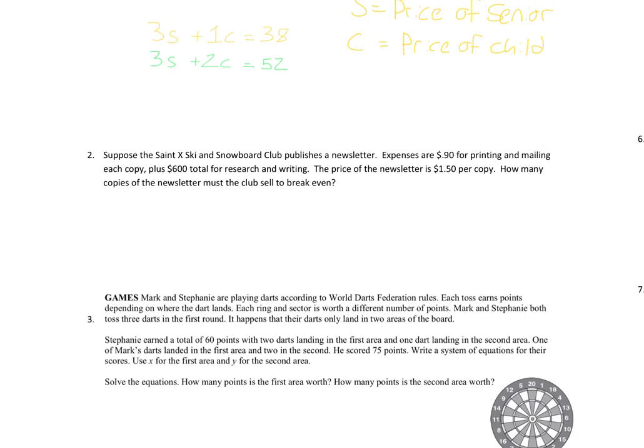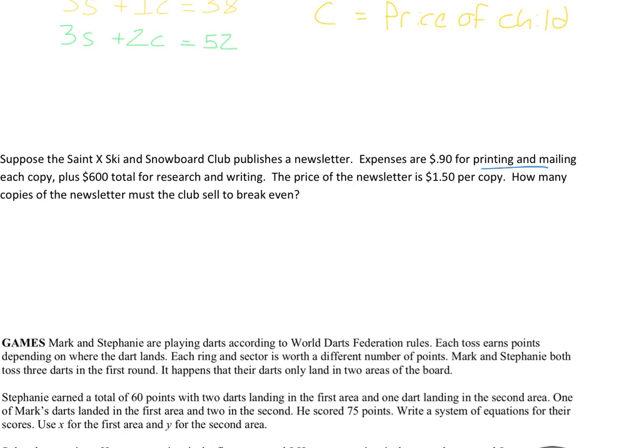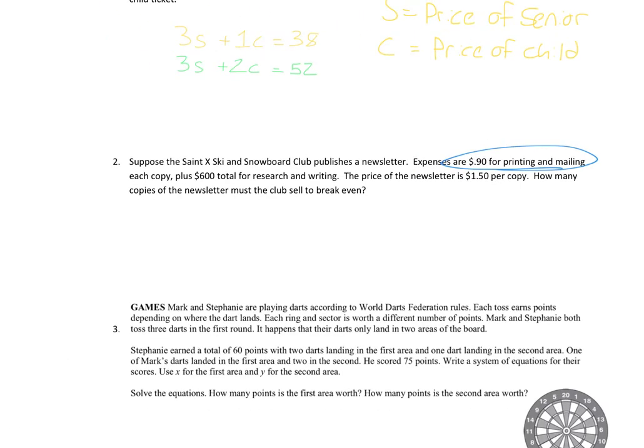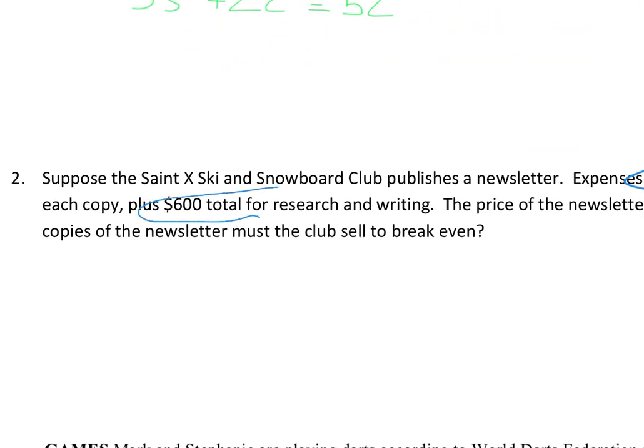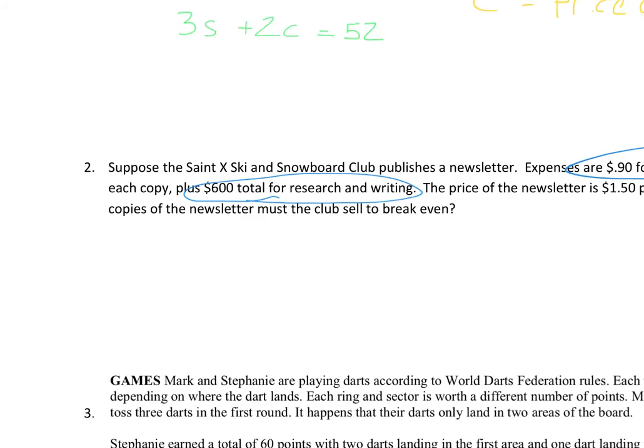Two, suppose the fictional Sanex Ski and Snowboarding Club publishes a newsletter. Expenses are 90 cents for printing and mailing each copy, plus $600 for total research and writing. So here I've got a change, 90 cents per one I produce, plus a start, because the $600 happens one time.